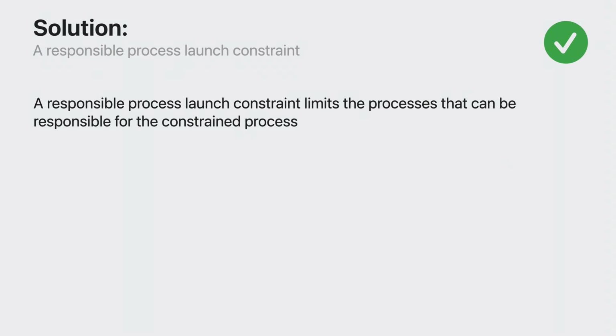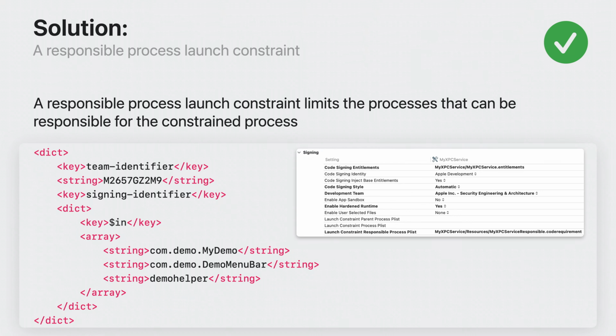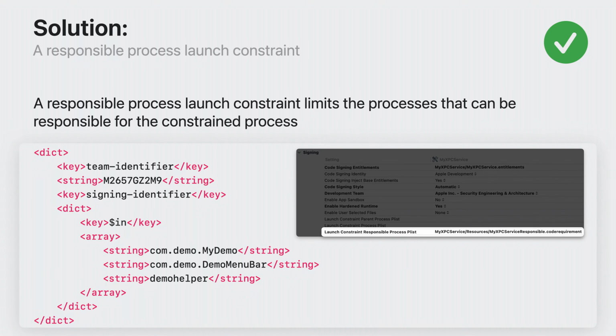One way to ensure that only your code can access that XPC service is to set a responsible process launch constraint. Here we show a launch constraint plist that allows code signed by your team with a list of signing identifiers for each of the processes in the bundle that should be able to access the XPC service. You can add the constraint to your signing configuration in the launch constraint responsible process plist setting.